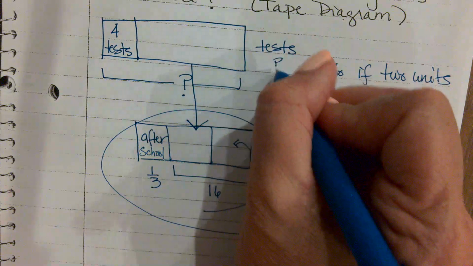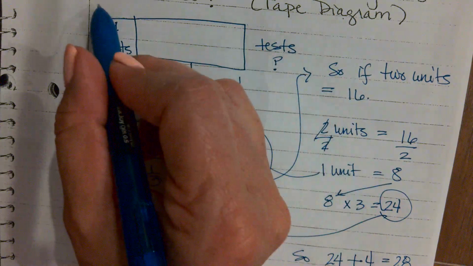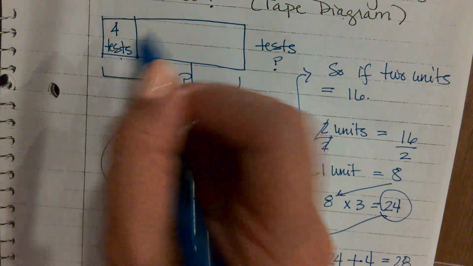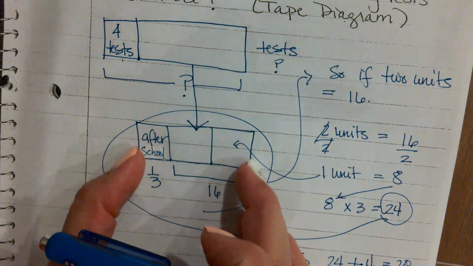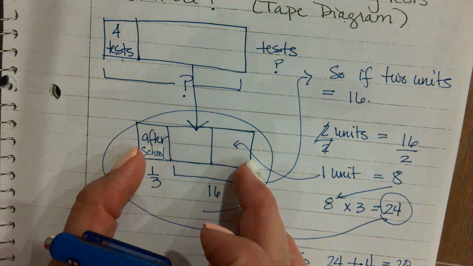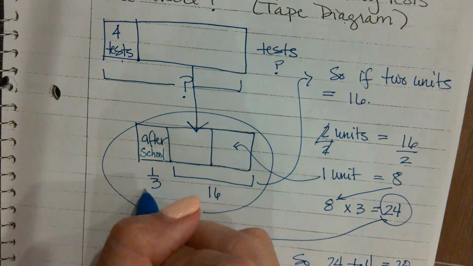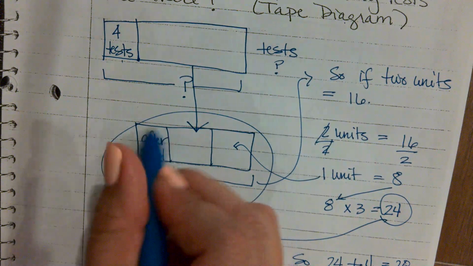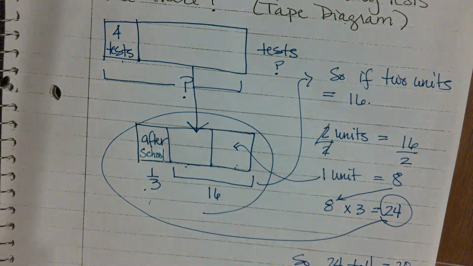We just don't know how many there are altogether. So we know these are the total amount of tests, and she grades 4. So we have to take those off. And then we take down the remainder, and she grades 1/3 of it after school. So let's take off that 1/3, and we're left with 2 units left.